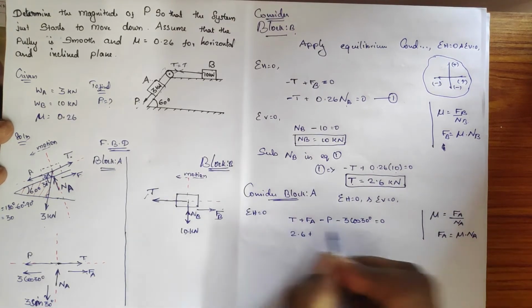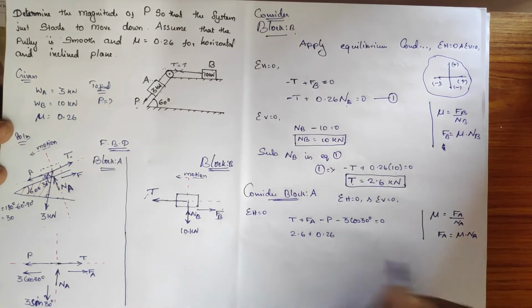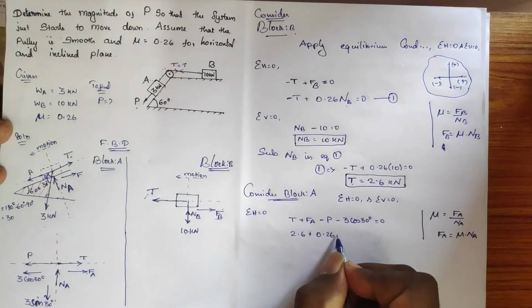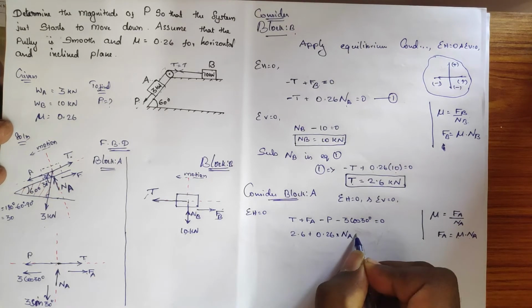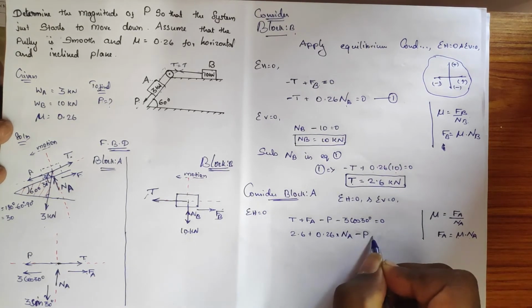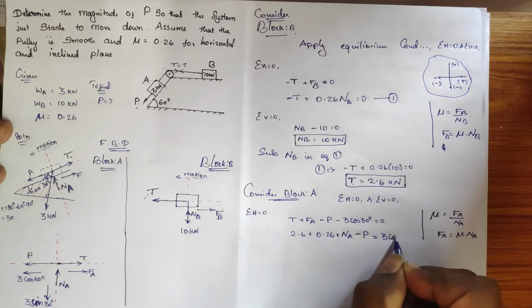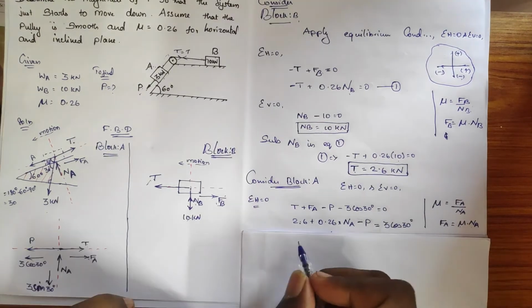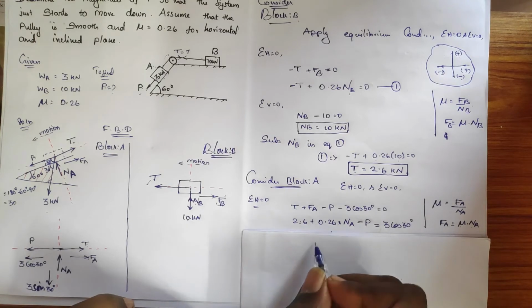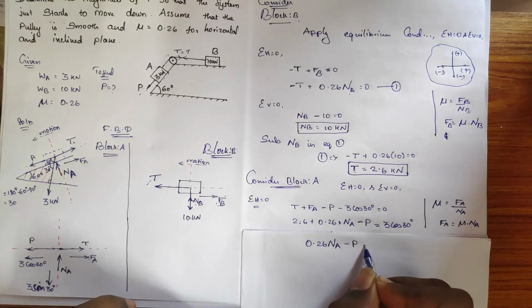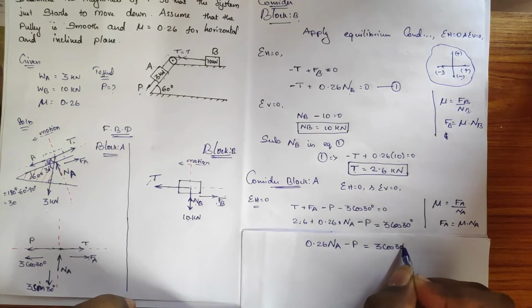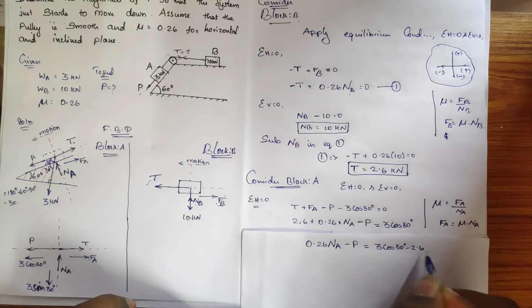So here FA is equal to mu into NA. So here comes 0.26, mu is 0.26 into NA minus P value we need to identify, which is equal to 3 cos 30 degree. And the next step, when you simplify it, I can say it will be 0.26 NA minus P, which is equal to 3 cos 30 degree minus 2.6.